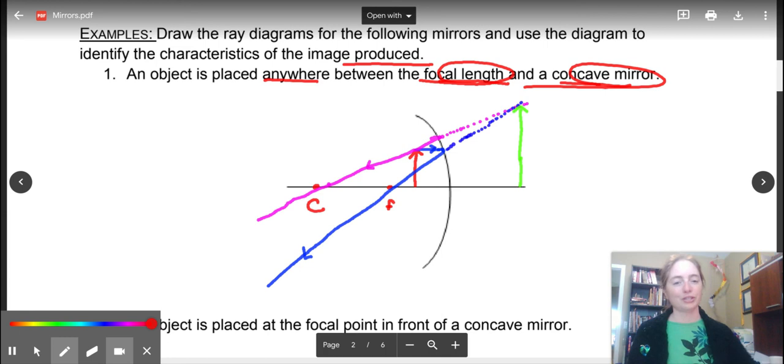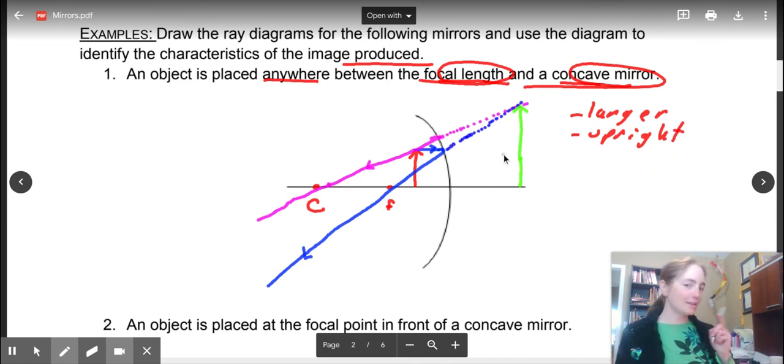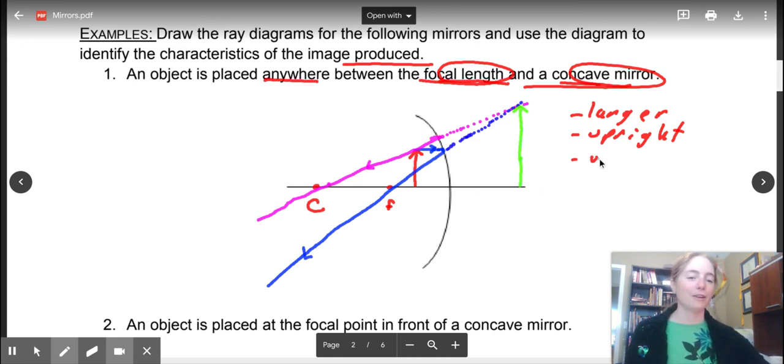Okay. So we were asked to determine the characteristics of the image. Well, it is larger than the object. It is upright. And it's behind the mirror. Now, because this is a mirror and light is being reflected back, anything behind the mirror is going to be a virtual image.